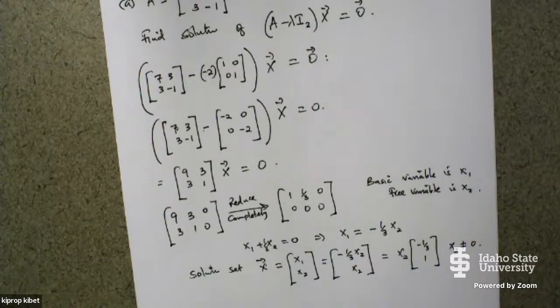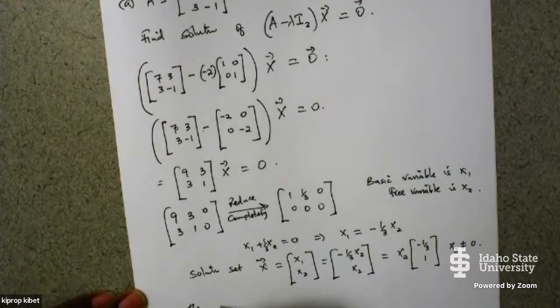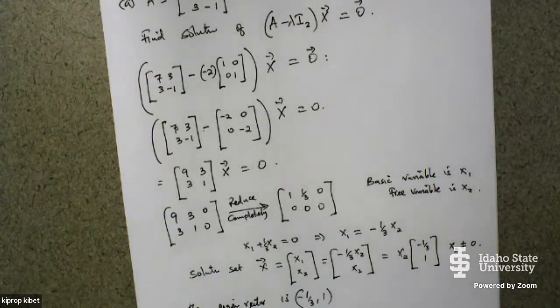Therefore, our eigenvector is minus 1 over 3 and 1. So that is our eigenvector.